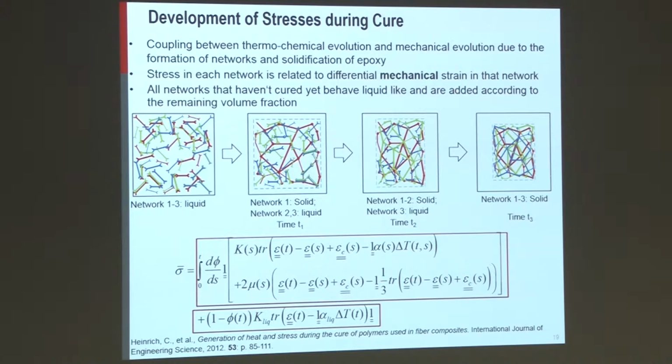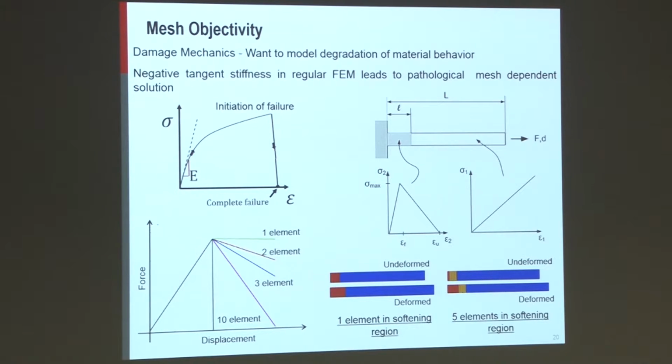So far, based on our inputs about the temperature distribution and the degree of cure, we have determined the evolution of stresses. Now, if that stress exceeds a critical value, we need to fail the material, or damage initiation occurs.